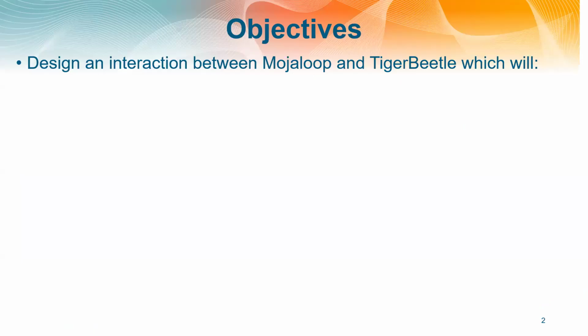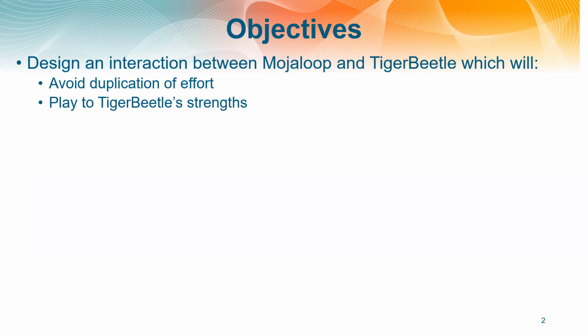So what we're trying to do is to design an interaction between Mojaloop and TigerBeetle, which will avoid duplication of effort. In particular, we don't want Mojaloop to be doing things which TigerBeetle will also do. We want something which will play to TigerBeetle's strengths, particularly very high speed in terms of throughput.